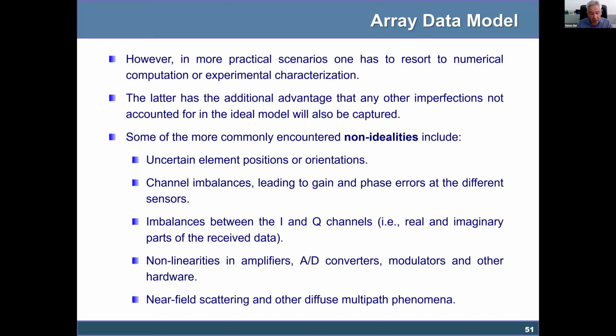But most of the time it's so difficult to model all these non-idealities that, I repeat, what we do is we inject in the system a perfectly known signal, and we measure the real array response. So we measure A of theta experimentally, and we use the measured one in place of the ideal one to perform all the processing.